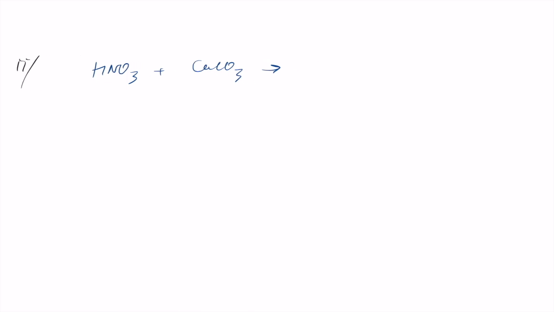The salt formed is Ca(NO3)2, because the charge on Ca is 2 and the charge on NO3 is 1, so you do the little switcheroo and you get a 2 as a subscript on the NO3 and a 1 as a subscript on the Ca. You also have H2O and CO2 to account for, and then it's a game of balancing.